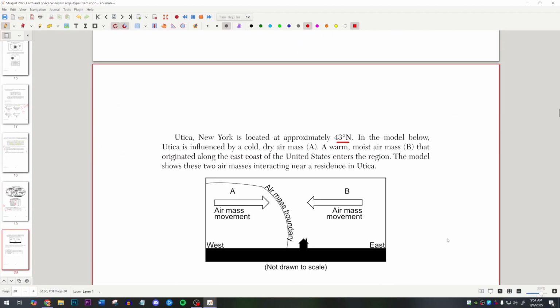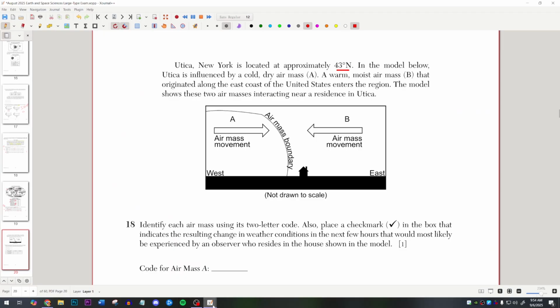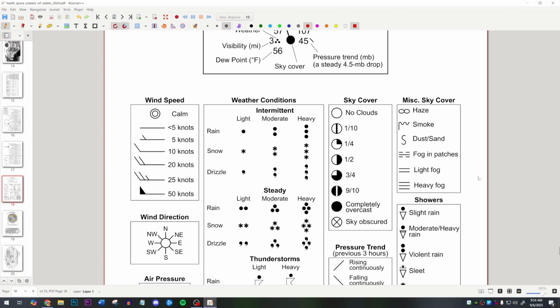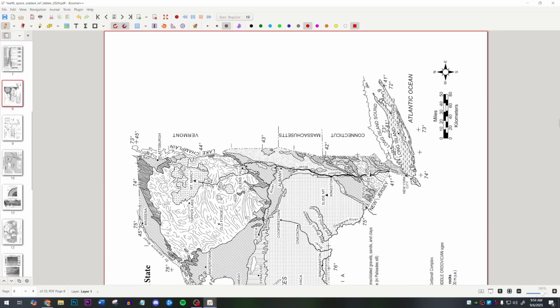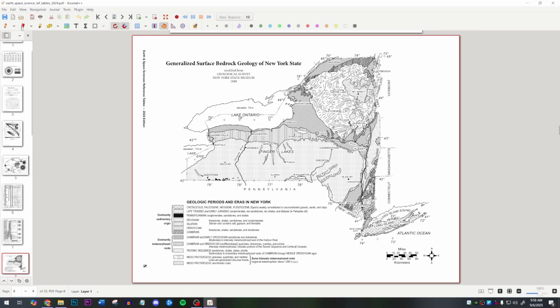Okay. So now we're going to Utica, New York. I'm going to the reference table, and I want to go to Utica, New York. So I'm going to go to the New York State map with the cities on it. All right, so it wants us to go to Utica, which is going to be 43 north. So that's this line here. And we got Utica right there.